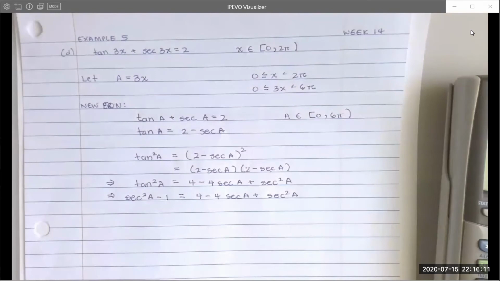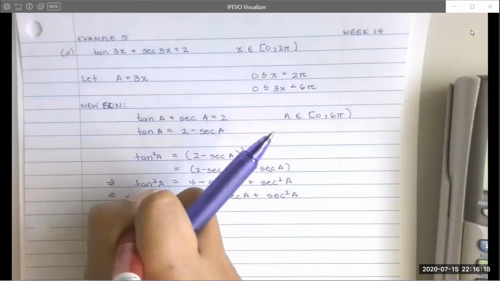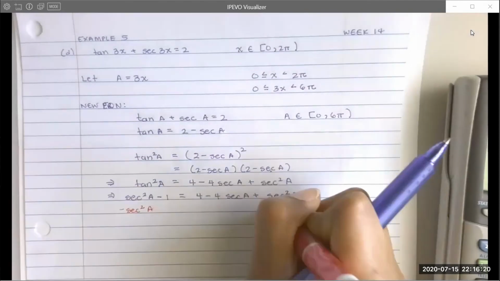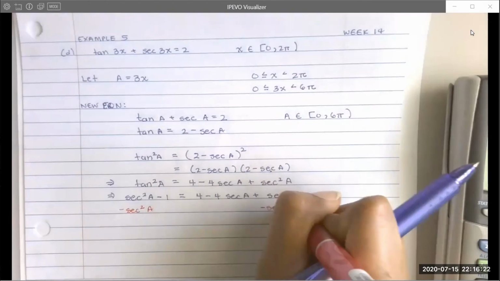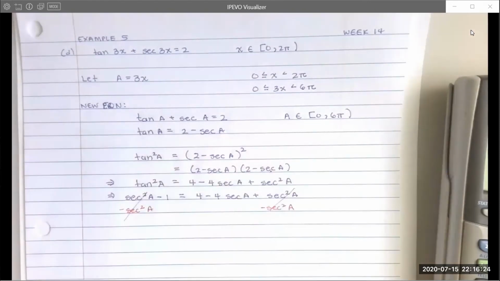Okay, so this is nice because now if I try to subtract away this quadratic term, I would have to subtract it from both sides, and it's actually going to cancel on both sides. Okay.